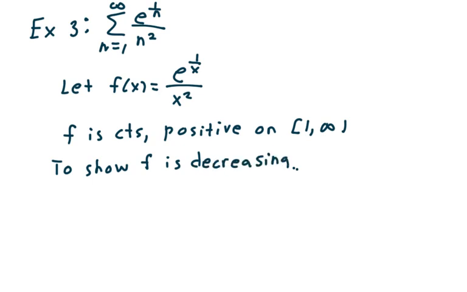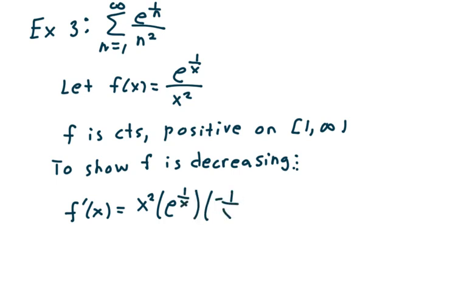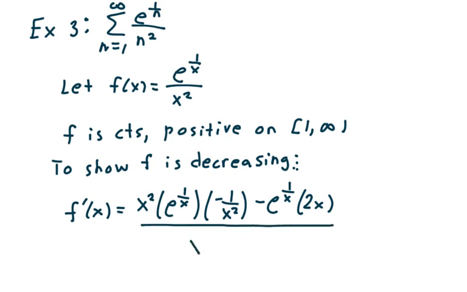Well, traditionally, what we've got to do is take the derivative. So f prime of x, I'm going to take the bottom, multiply by the derivative of the top, minus the top, times the derivative of the bottom. I'm going to divide by x to the 4th, x squared squared.